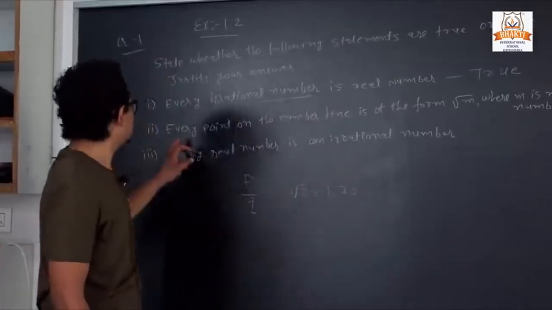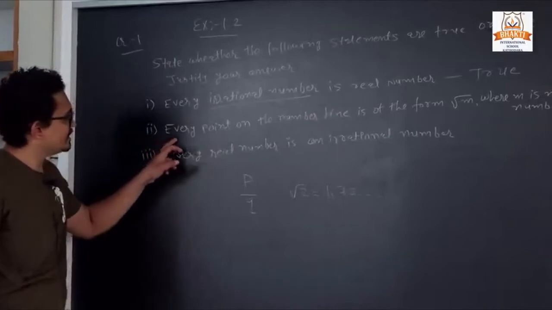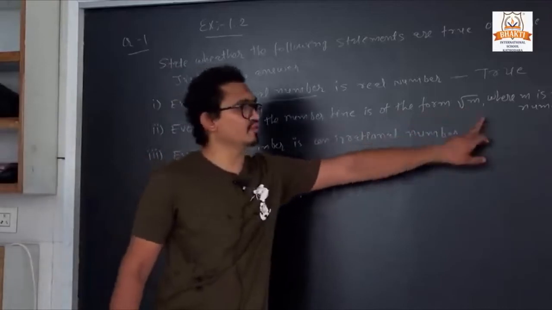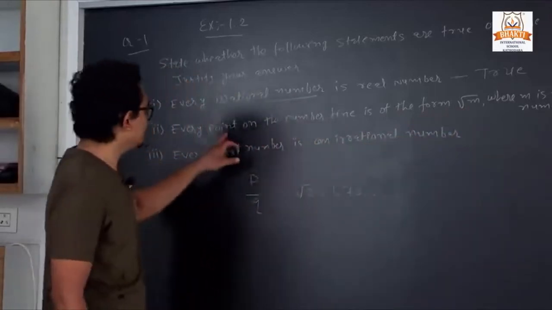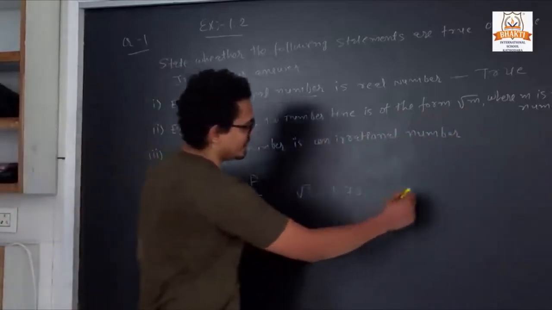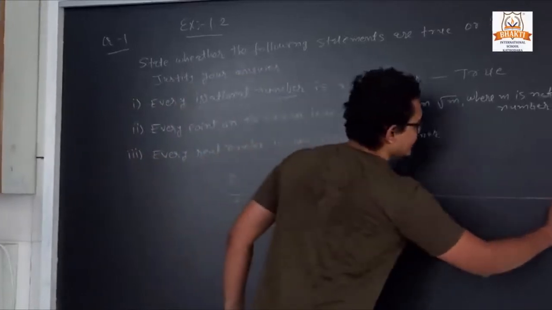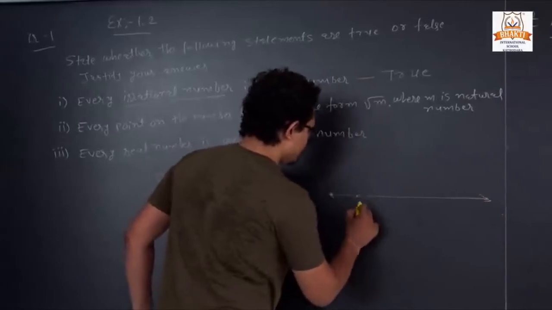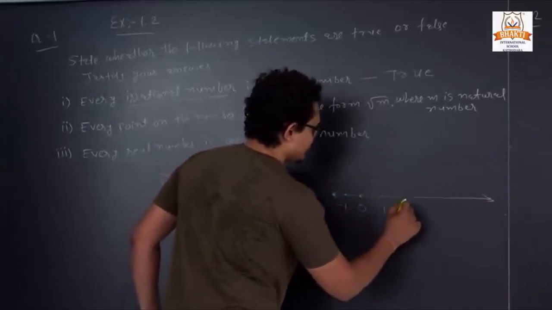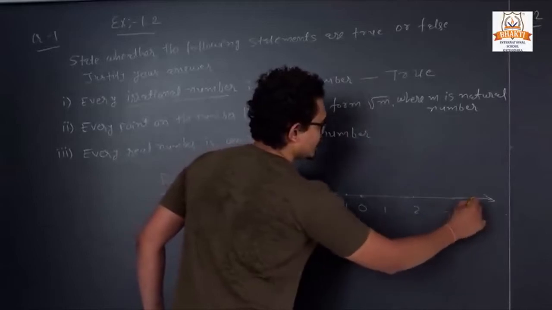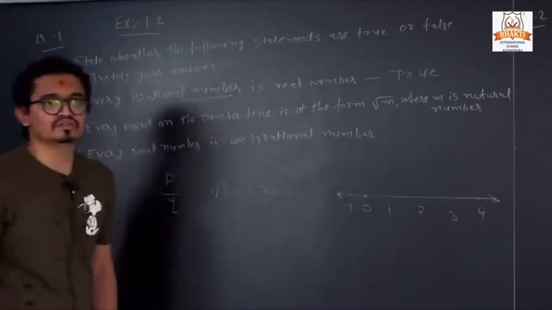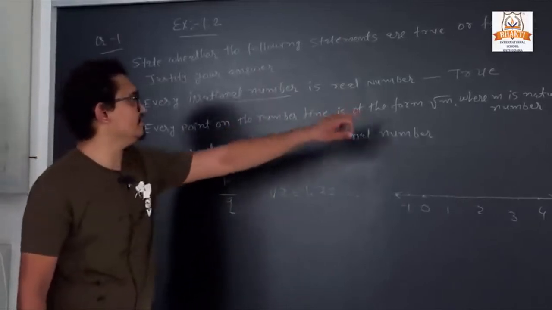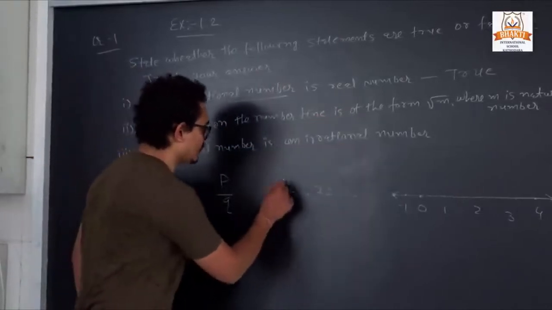Now the second: every point on the number line is in the form of root m. First of all, I am drawing the number line so you can easily understand. Suppose it is 0, -1, then 1, 2, 3 and 4. Suppose we take the number root 2.